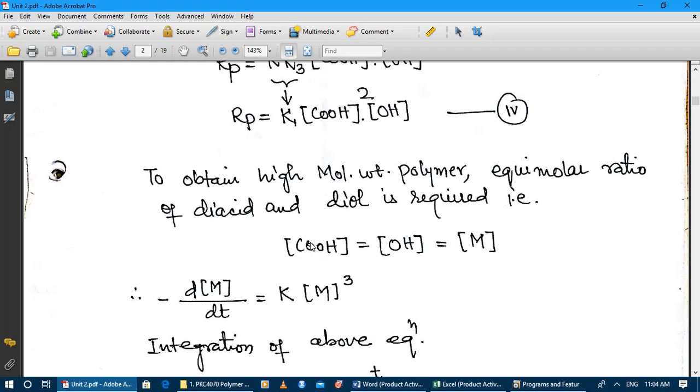Both of these are monomers, so we will represent them with capital M. And instead of taking minus d by dt of concentration COOH, we can write simply minus d by dt of concentration M, where M is the concentration of the monomer, and equation 4 will be reduced to K M cube, because [COOH] square multiplied by the concentration of OH is M, M, M, so it will become concentration of M cube.